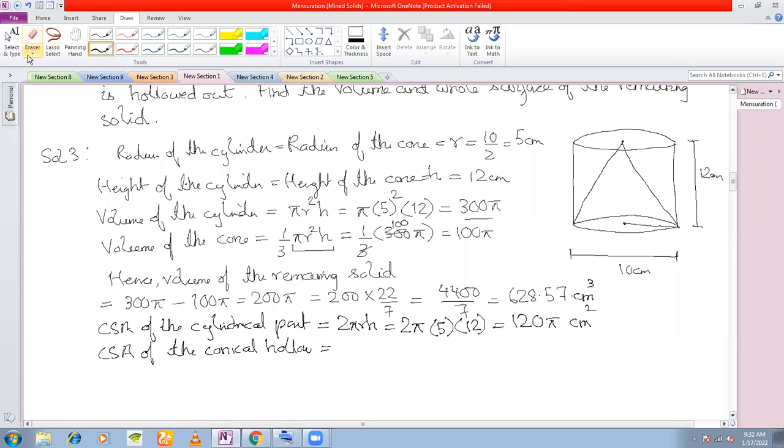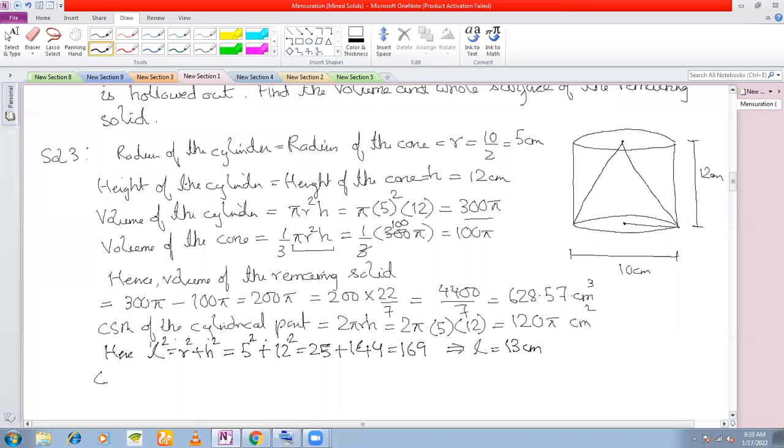Do we know the slant height of the cone? No. Then we'll first calculate the slant height of the cone. Here L square is equal to R square plus H square. R is 5 and H is 12, so 25 plus 144, which will give you 169. That means the slant height of the cone is 13 centimeter.